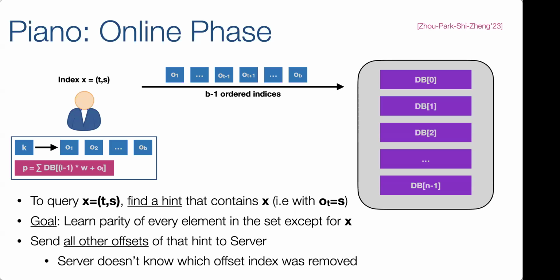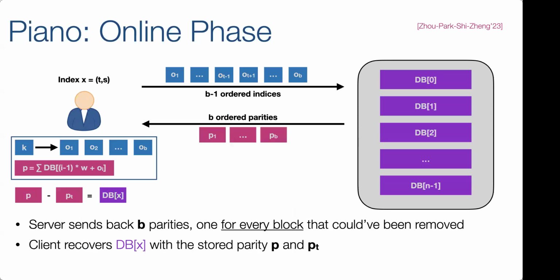Okay, so what this looks like is, this is the original version of Piano. I understand there have been updates since, but we remove the offset that corresponds to X, and we send the remaining offsets to the server. So there are B-1 ordered offsets. The server has no idea which one we've removed. What the server does is it basically guesses which one we've removed. So it assumes that we removed the first one and sends the parities back for the remaining.